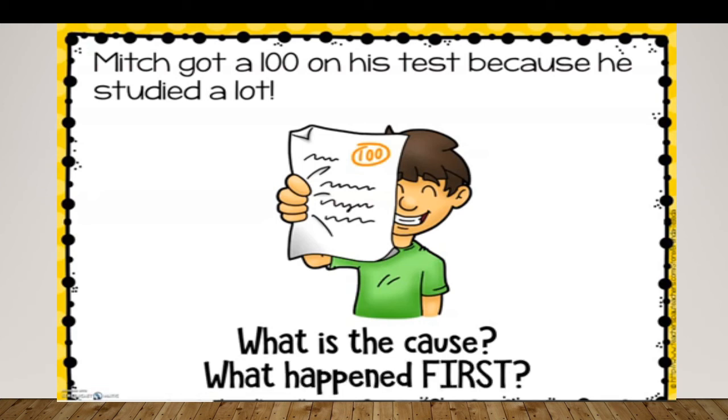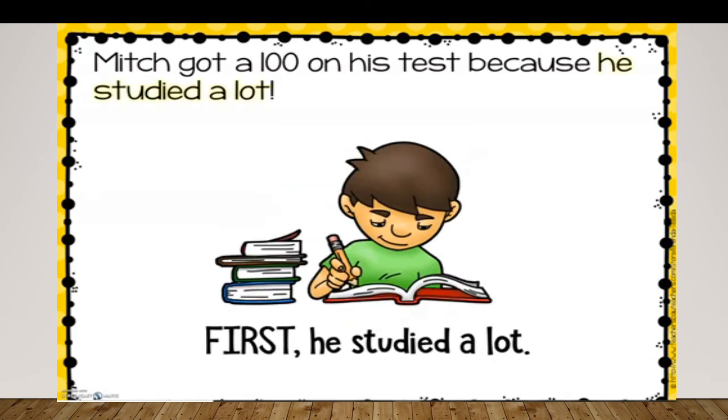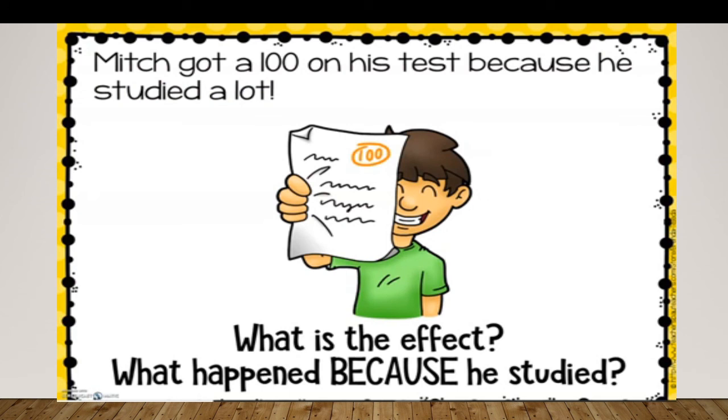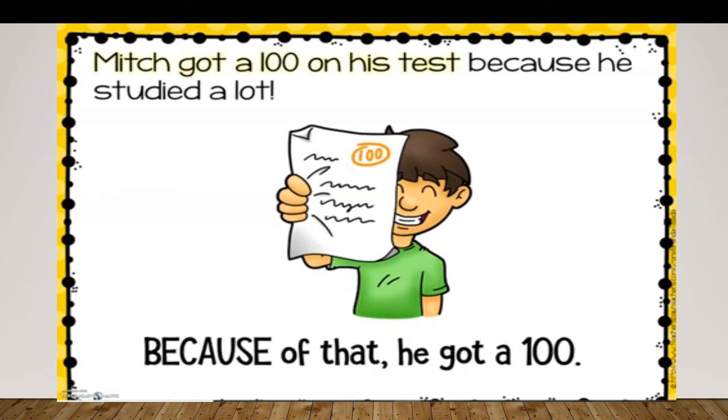See, what happens first in here? He got 100 or he studied first? Of course, first he studied a lot. And then what happens afterwards? Then the effect comes after that. So you have to ask yourself, what happened first? Mitch got full marks or he studied?